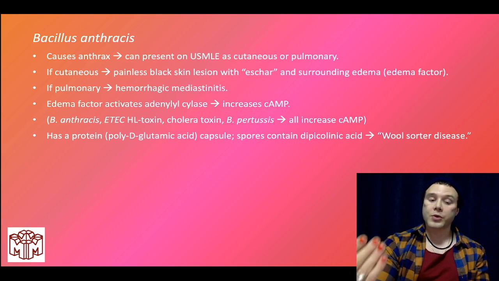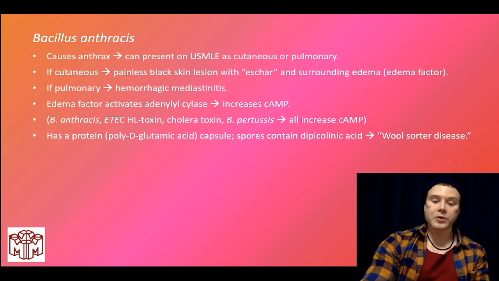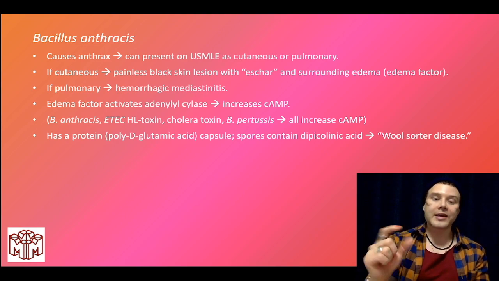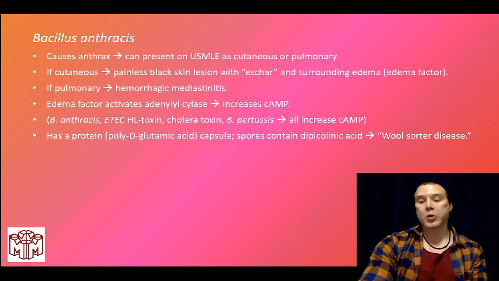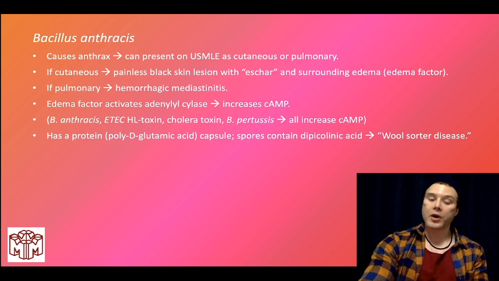But anthrax has a poly-D-glutamic acid capsule. The spores contain dipicolinic acid, makes it heat and acid resistant, allows the spores to survive on the harsh conditions of the hides of goats. Okay, it can cause wool sorter disease, cutaneous or pulmonary anthrax.